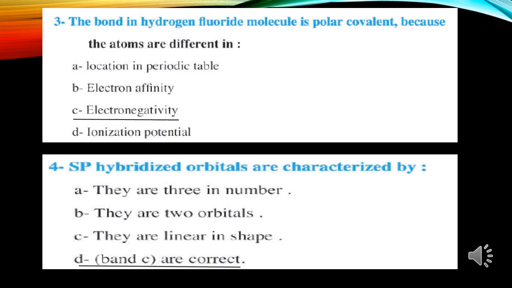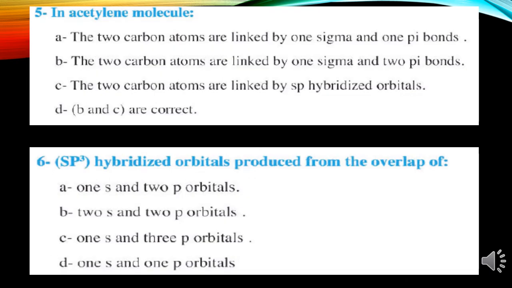Question number 5. In acetylene molecule, A, the two carbon atoms are linked by 1 sigma and 1 pi bonds; B, the two carbon atoms are linked by 1 sigma and 2 pi bonds; C, the two carbon atoms are linked by sp hybridized orbitals; D, B and C are correct.